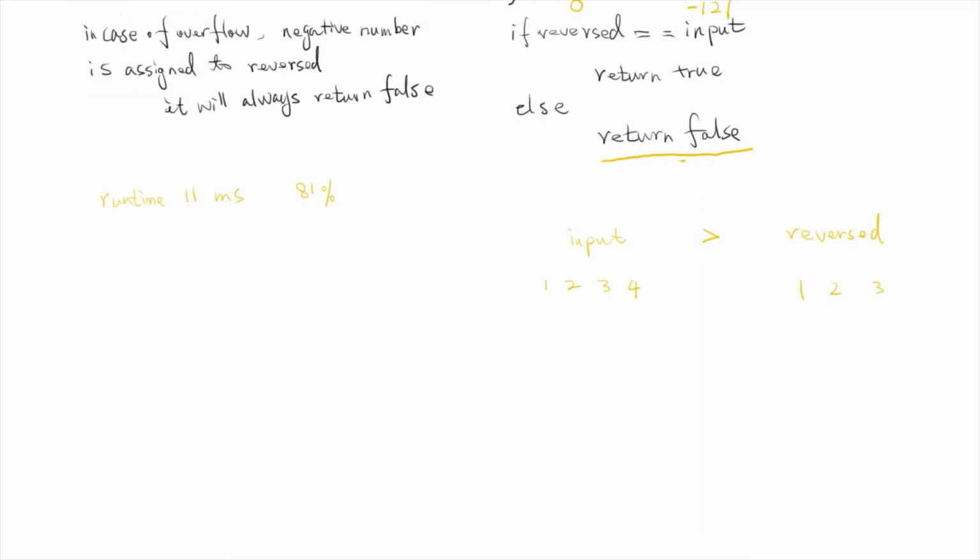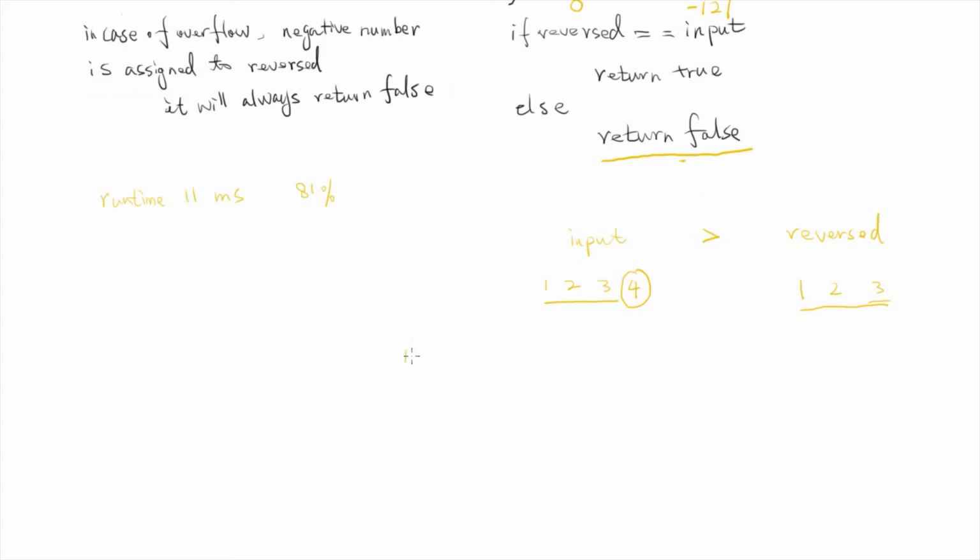After moving the digit 3, we can see that 1, 2, 3 in the reversed equals the 1, 2, 3 in the input. The input has one extra digit, 4. Because the input has an odd number of digits, the 4 is in the middle.